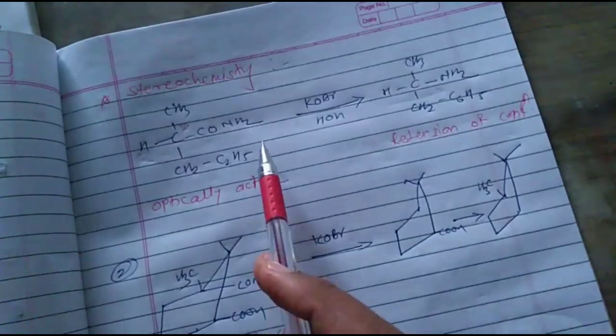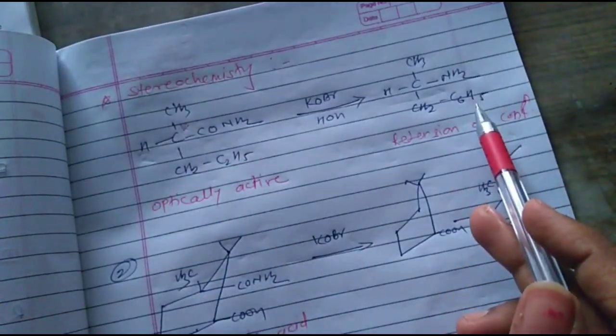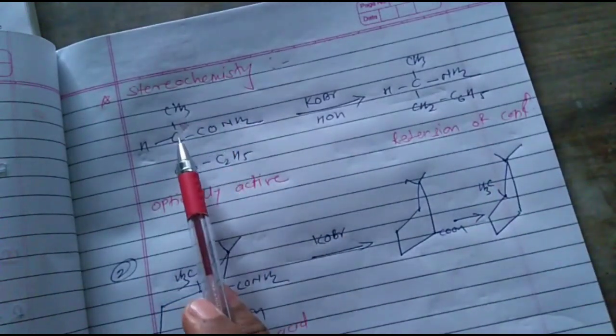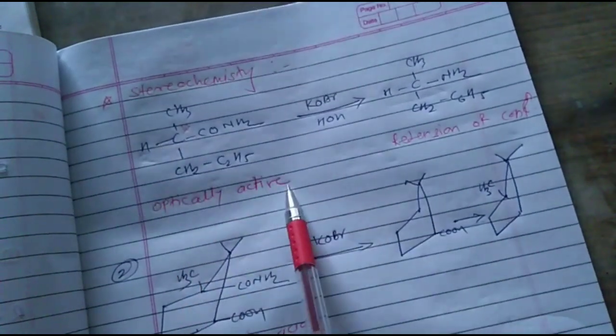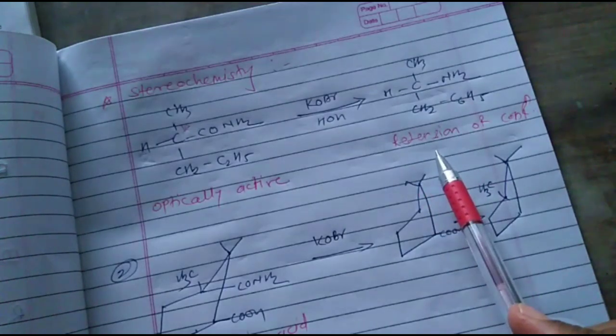That means here this product is just the cis product. Whenever in an amide compound any carbon is chiral or optically active, we get the product having retention of configuration.